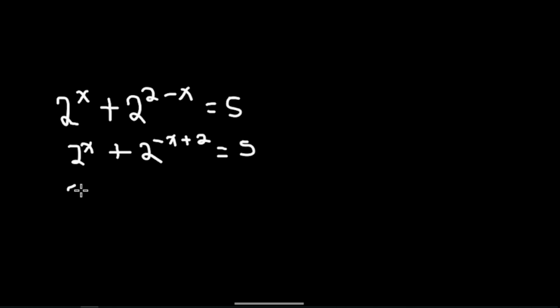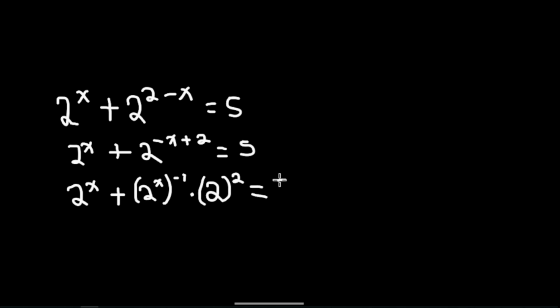So this is 2^x, and then without breaking any mathematical laws, this is 2 to the power x multiplied by negative 1, and this is also multiplied by 2 to the power 2, all equal to 5.